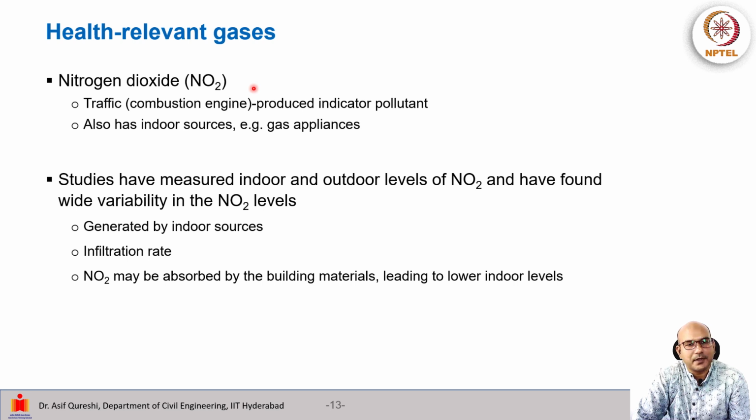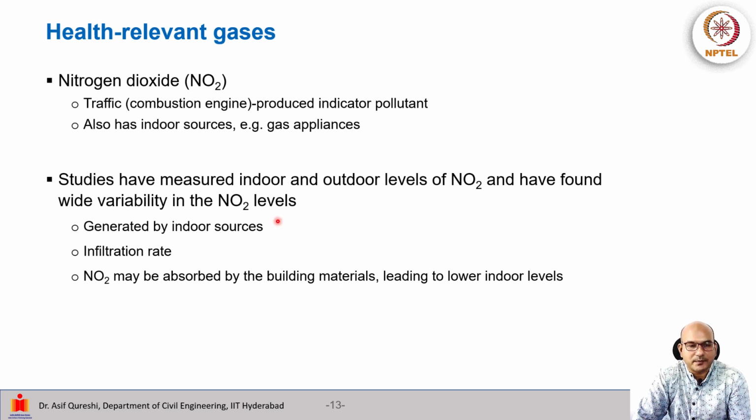Okay, so some health relevant gases we will look at. One is NO2. This is a traffic, basically vehicular combustion related pollutant, but it also has indoor sources which could be like gas appliances. Okay, and then studies have measured the indoor and outdoor levels of NO2, and they have found a wide variability in NO2 levels.